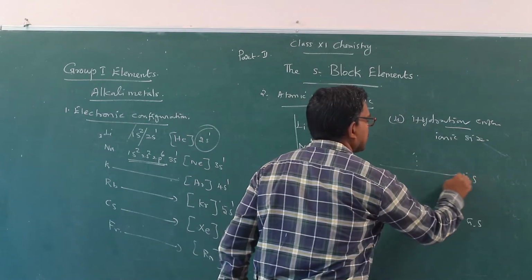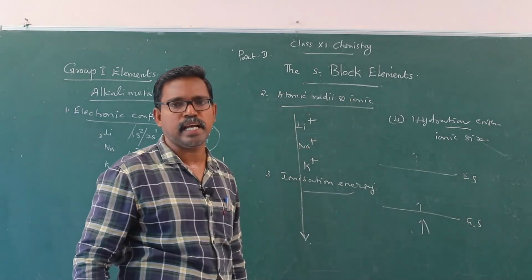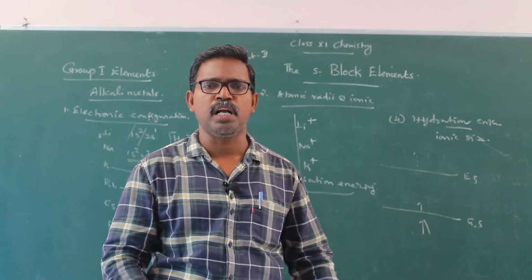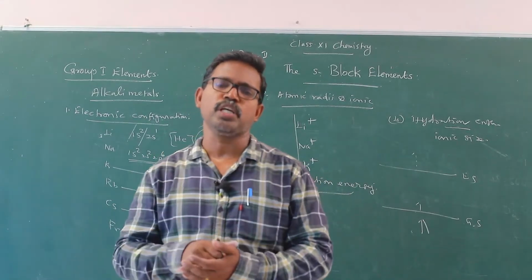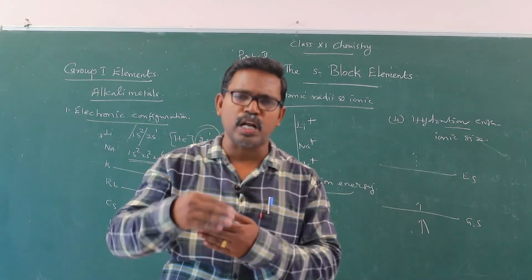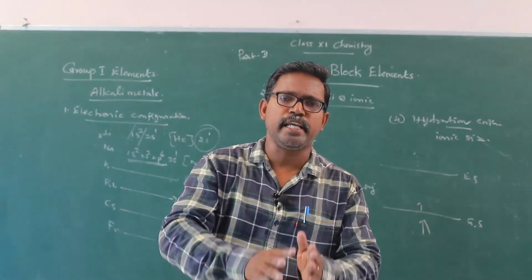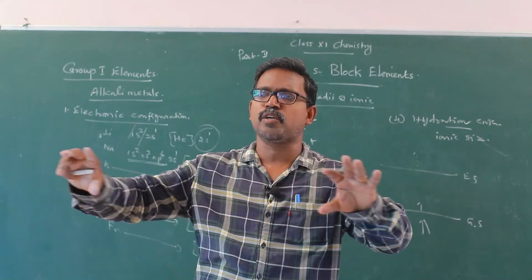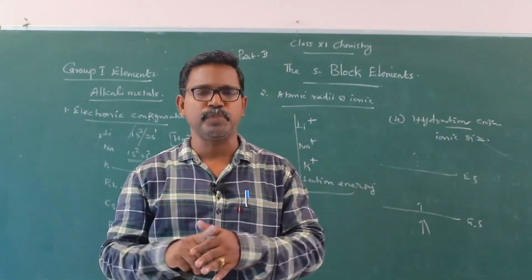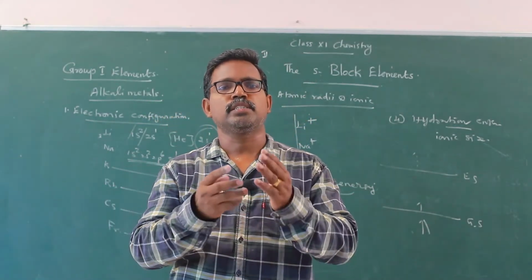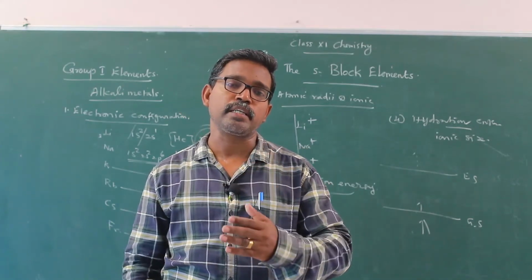This excited state is highly unstable and easily returns to the ground state. When it returns to the ground state, it emits some radiation. This radiation coincides with a particular wavelength region of the visible region, so it produces that color.